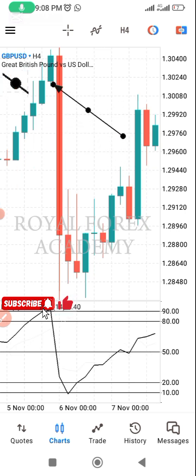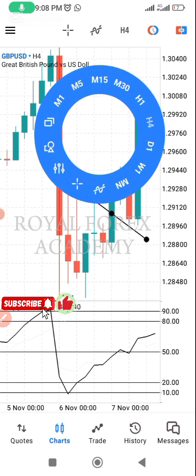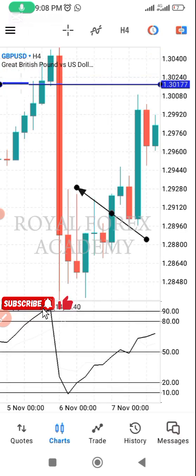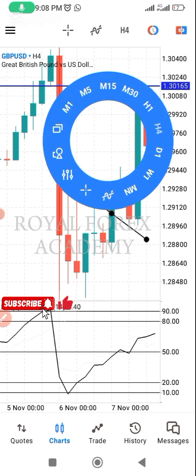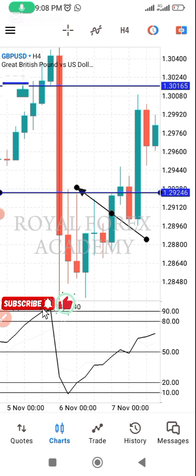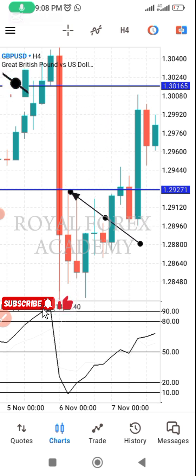Okay, so we are going to mark the low of this bullish candle and the high of this bearish candle. So what is the low of this bullish candle? The low includes the wick of that candle. So here is the low of this bullish candle, and then here is the high of this bearish candle. So you can see how we mark this.